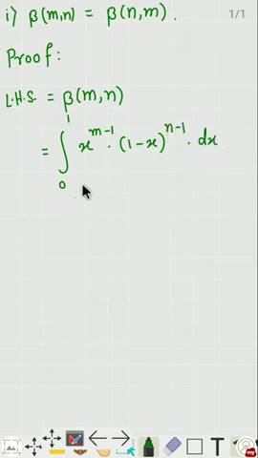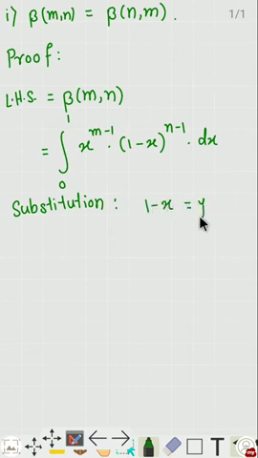In this integral let us use substitution. Instead of 1 minus x, let us put the variable y. Therefore minus dx is equal to dy, or we can write dx is equal to minus dy.